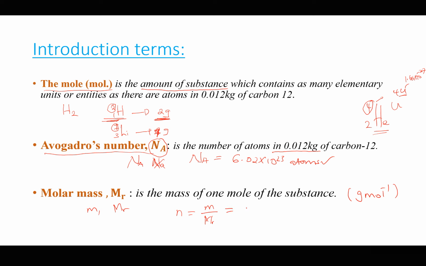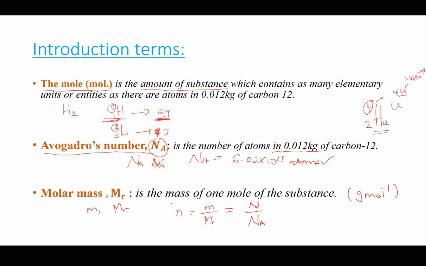Also remember that the amount of substance which contains as many elementary entities as there are atoms in 12 grams of carbon is called a mole. And the number of atoms in 12 grams of carbon is 6.02 times 10 power 23, which implies that the number of moles could also be represented as the number of particles, the number of entities in a given substance, compared to the number of atoms in 12 grams of carbon-12, which is Avogadro's number.